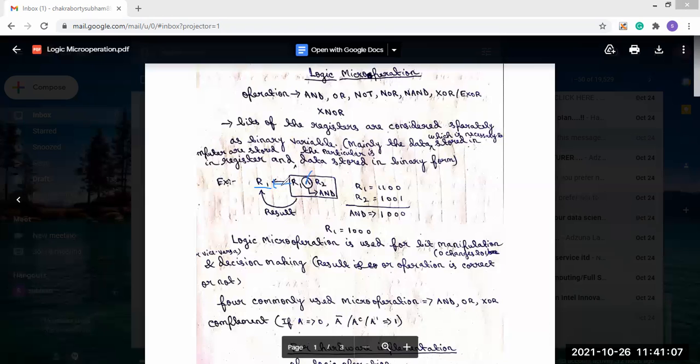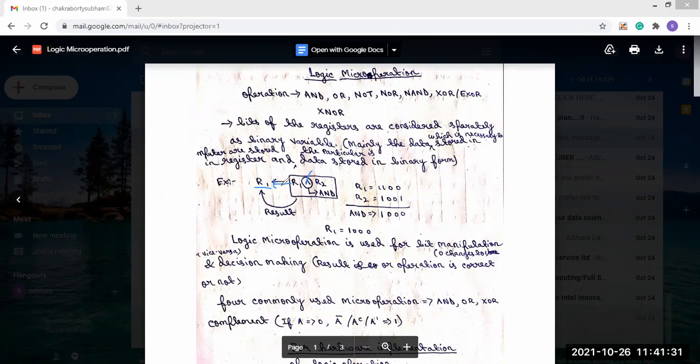Now, logic micro operations are basically used for bit manipulation and decision making. Bit manipulation means if a bit is 0, change it to 1, or if it is 1, change it to 0.